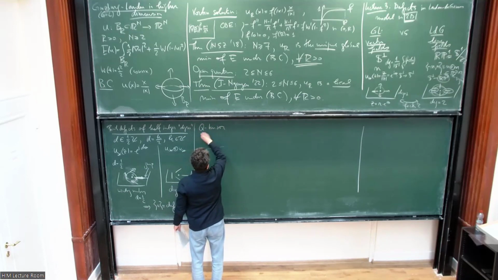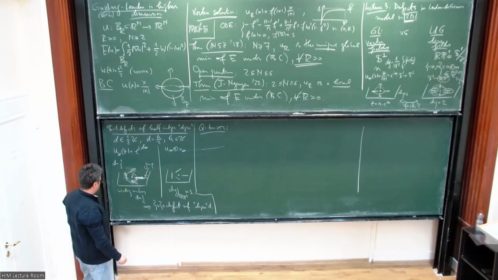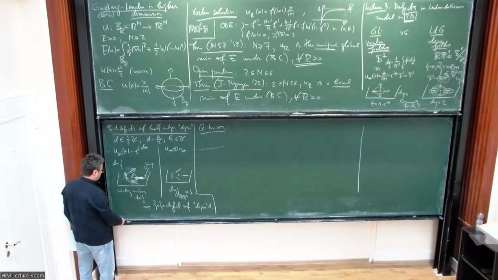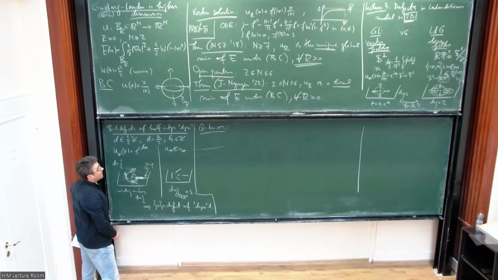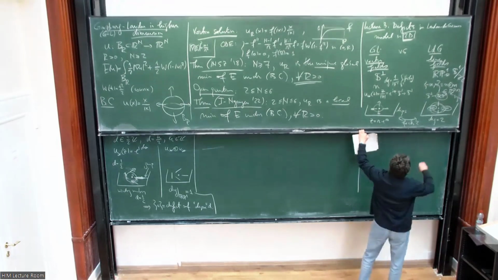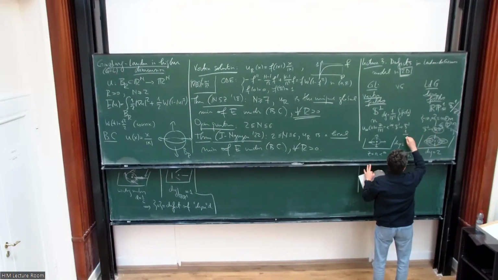Sorry, just one other thing. Do we divide by 2 here to get a half? We're saying you divide by the volume of the target. Yes, right. So here it's 1. So the volume of RP1 is, Stephen?